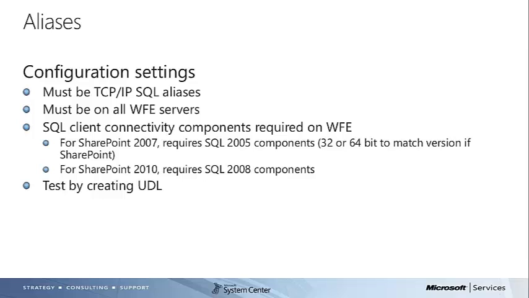But for instance, if you're running a 64-bit version of SharePoint 2007, but you have the 32-bit tools on there, the aliases will work, the UDL file will work fine, everything will connect as expected, but DPM won't be able to protect it.